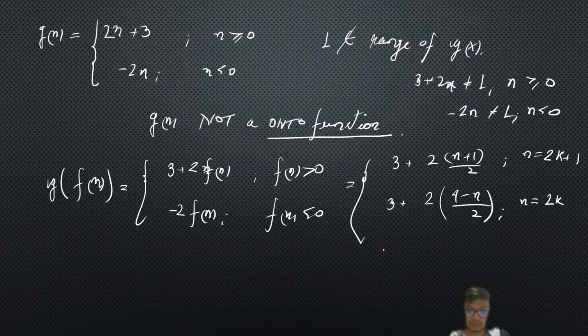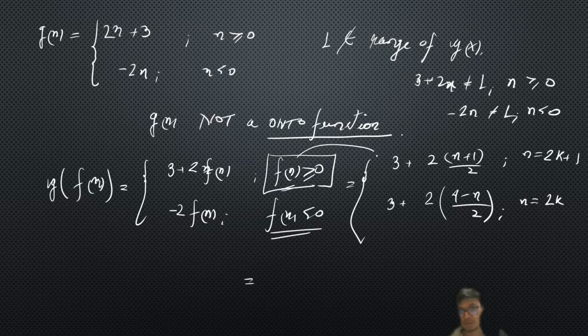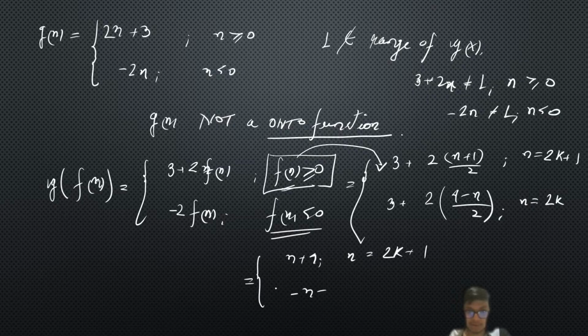All these values come under the interval greater than or equal to 0, so I'm just figuring out for different values of even and odd. This simplifies to n plus 4 for n equal to 2k plus 1, and 7 minus n for n equal to 2k.